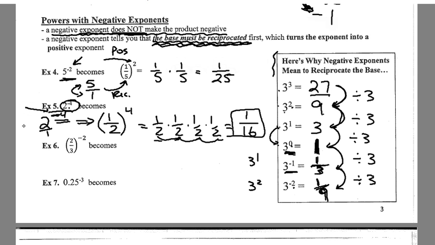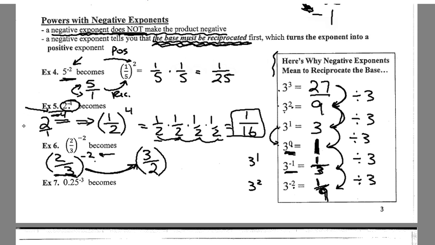Reciprocate your base, and then you get a positive exponent. 2 over 3 to the negative 2. Negative exponent. Notice that. Negative exponent means what? The base needs to flip. So my 2/3 base needs to become a 3/2. And because I reciprocated the base, what happens?